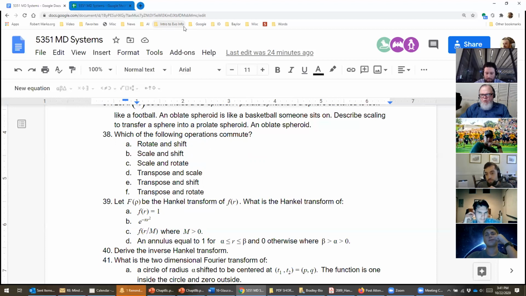Another way, which is more difficult, is to come up with the general matrices for rotate, and you can do that for scale, and see if the matrices commute. If you think about that, if you rotate and scale, then in one case you're multiplying by the rotation and then the scale, which is the same thing as multiplying by the scale and then the rotate.